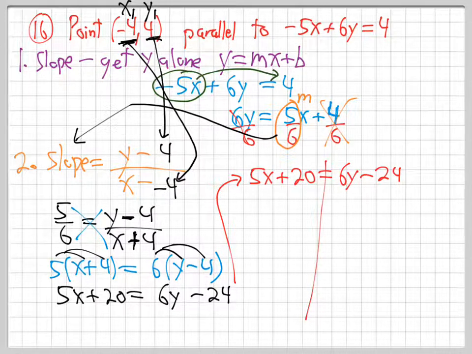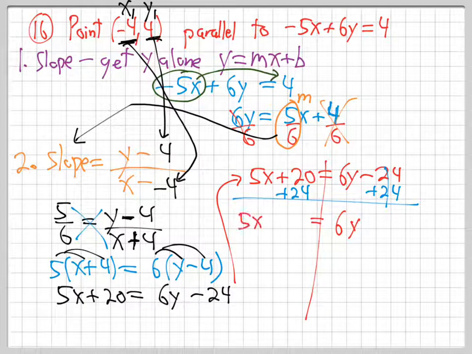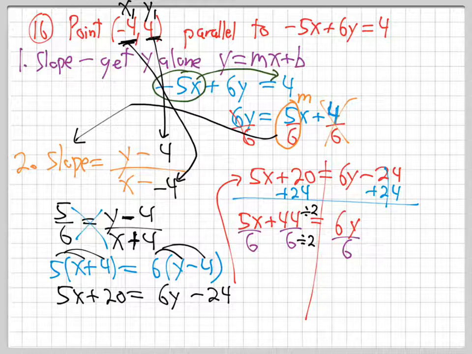Yeah, y is saying I want to be alone. So we add 24, like that. And 6y is 5x plus 44. Last step to get y alone. Divide by 6. But we do have to reduce that fraction, don't we? Well, that was the debate that I was having. It's not a Costco package.